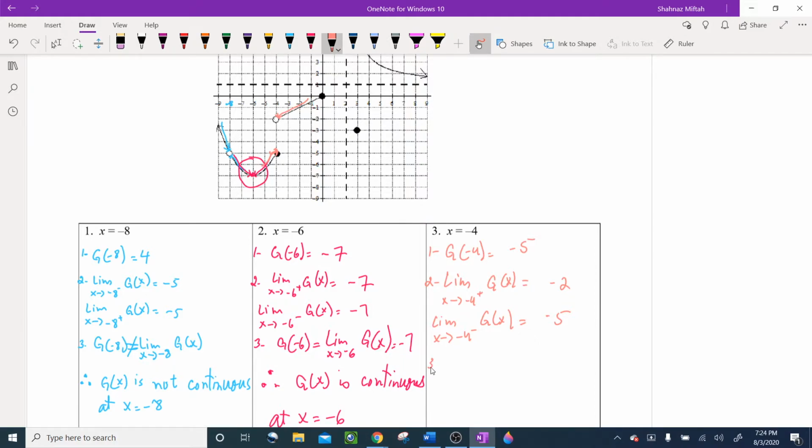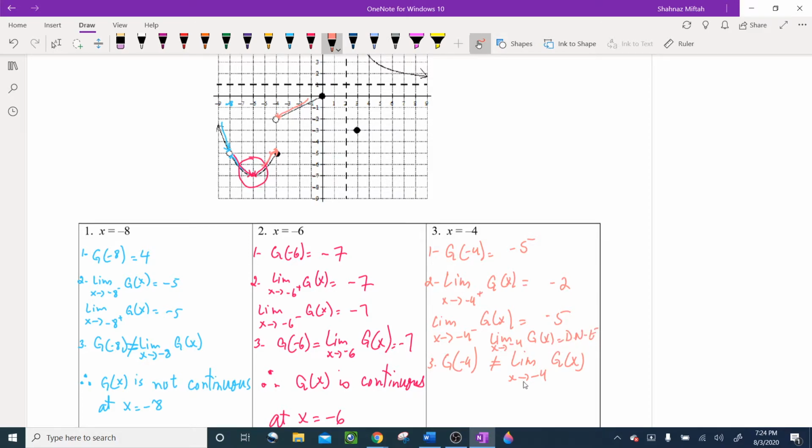So I'm going to say third, g of -4 is not equal to the limit as x approaches -4 of g of x, and also you can say the limit as x approaches -4 of g of x does not exist.